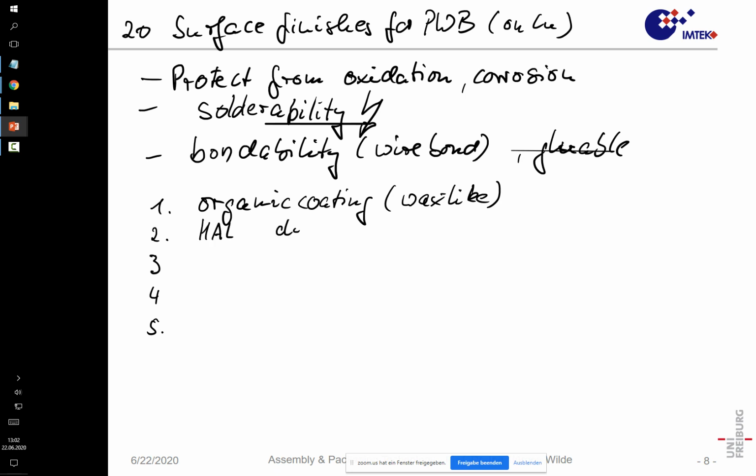That means dip in tin, in liquid tin, of course, and blow off the excess solder. What is the most important process we have now for tin coating in printed wiring board?